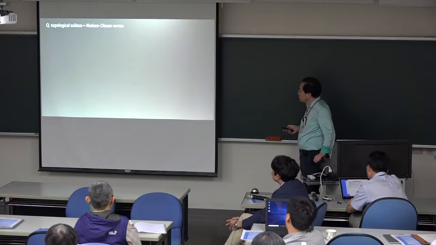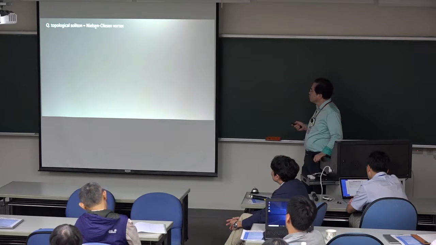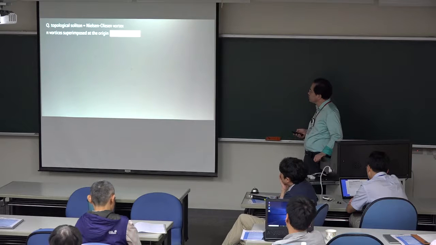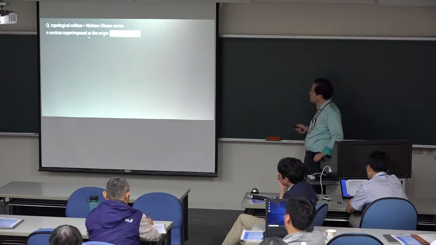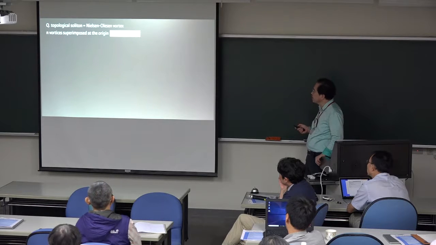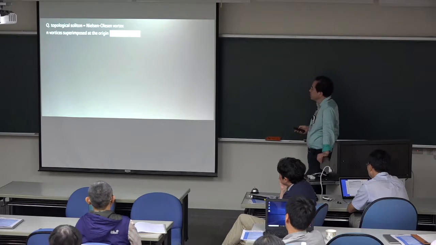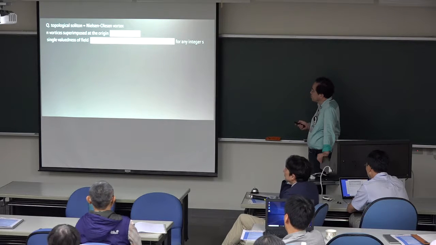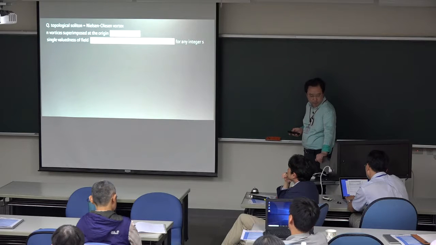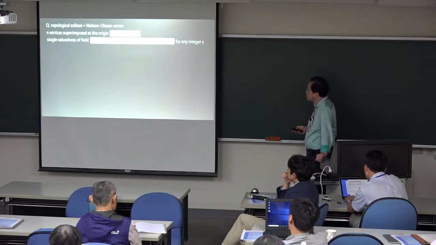Okay, so the well-known example of a topological soliton is the Nielsen-Olesen vortex. If you consider n vortices superimposed at the origin, then we may have this one with the real function. Then single-valuedness of the field guarantees this n should be a member of the integer group.